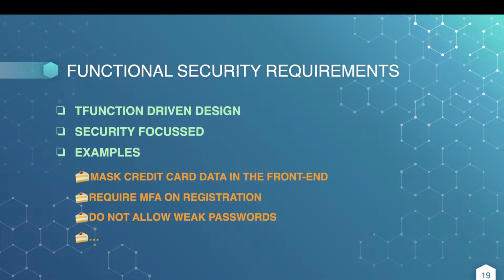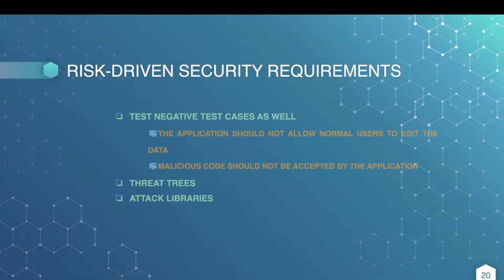Very function driven. Another one is requiring multi-factor authentication on registrations. It's a functionality that we're going to describe there. And we do not want to allow weak passwords. We're aiming at the password checking functionality, of course.